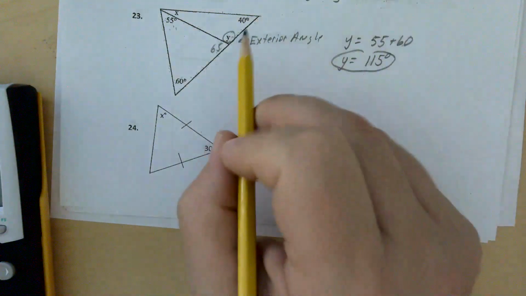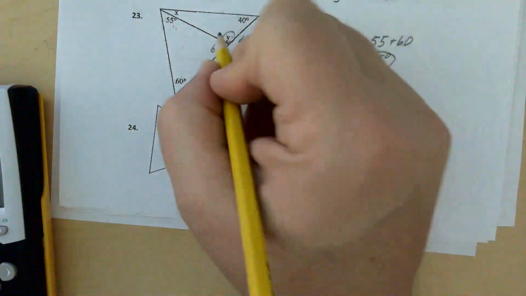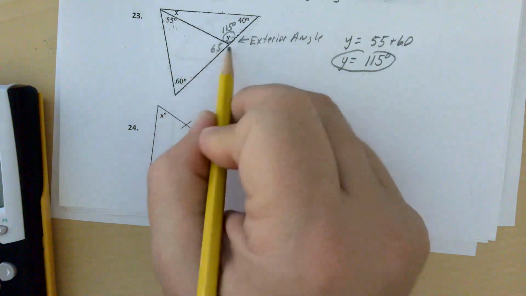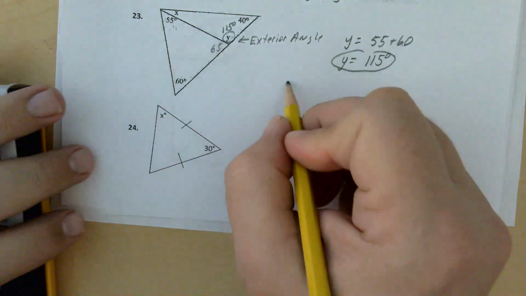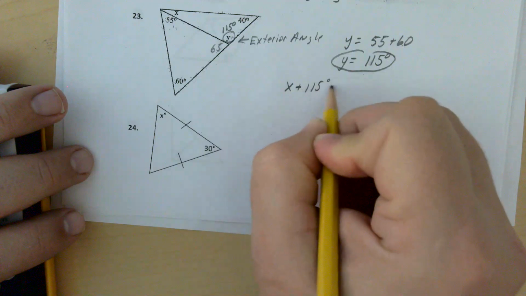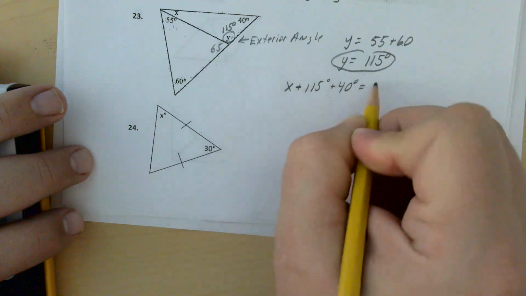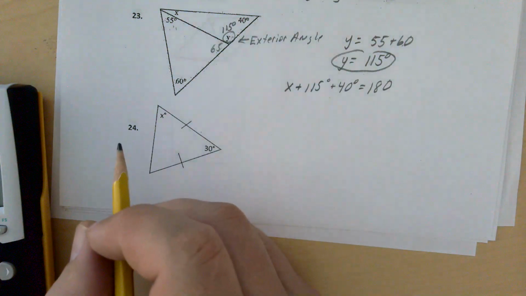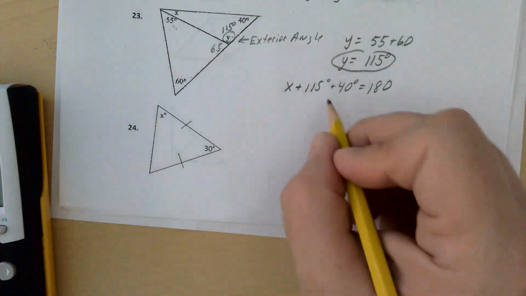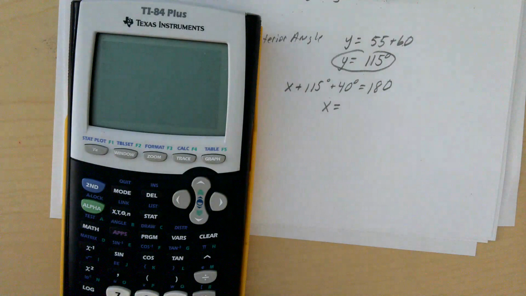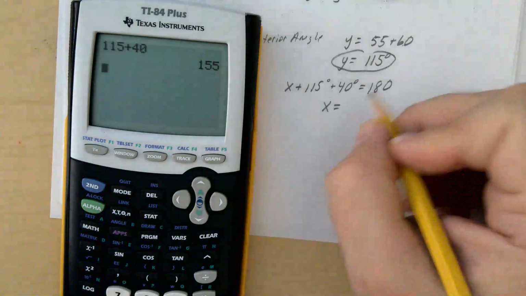But once I know what y is, once I know that this has to be 115 degrees, and notice it makes sense. This is definitely an obtuse angle. I add my x, I add my y, which I now know is 115 degrees, and I add the 40 that was already there. And I know all three must be 180. When I do that, and I'll show this on a calculator, if I add 115 and the 40, I get 155.